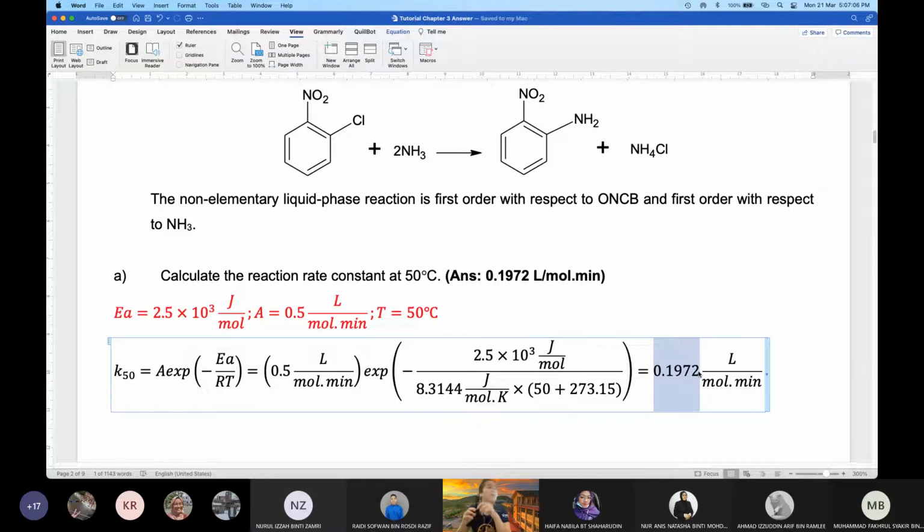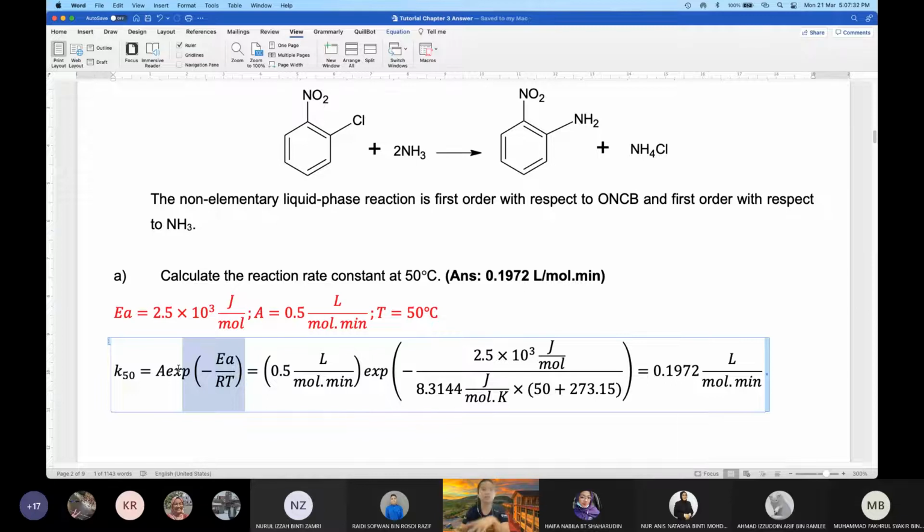Okay, before I forget, let us talk about the unit of your K. So this case pun sometimes you get a little bit confused. Macam mana kita nak tahu unit untuk K? Kalau kamu ingat, we have learned in CPP, pembatalan unit, untuk kita tahu unit akhir. Formula dia kata K ni sama dengan A exponential minus EA per RT.